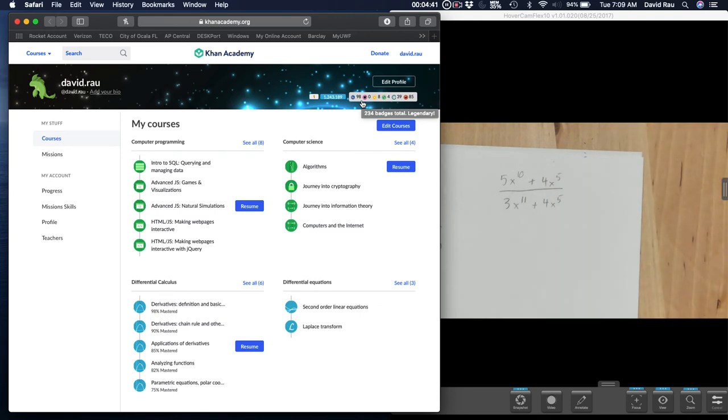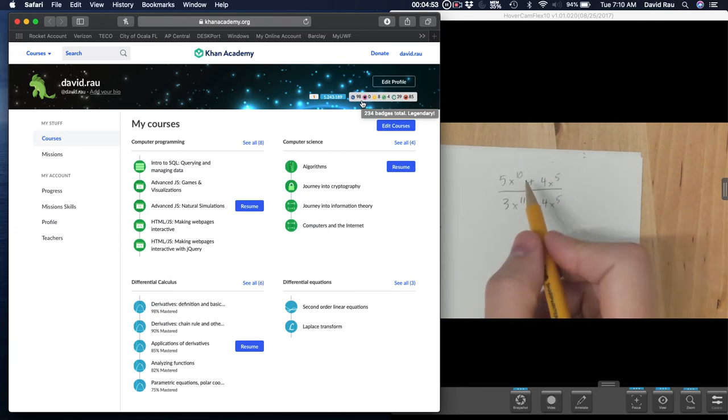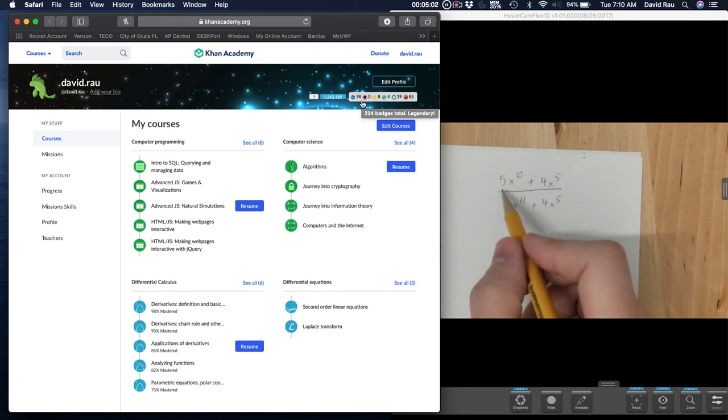Now here's what I want you to think about, and I'll do it with a calculator in a second. Think about what would happen if I plugged in, let's say, even a quote-unquote small number like 1,000. I would be raising 1,000 to the 10th power. I would be multiplying 1,000 by itself 10 times, and then multiplying that by 5. So this number would be huge.